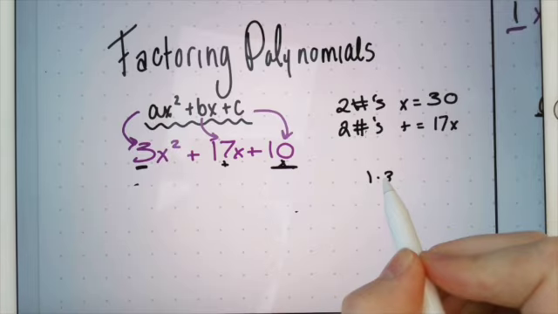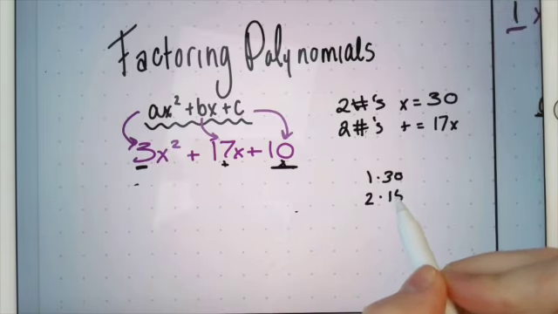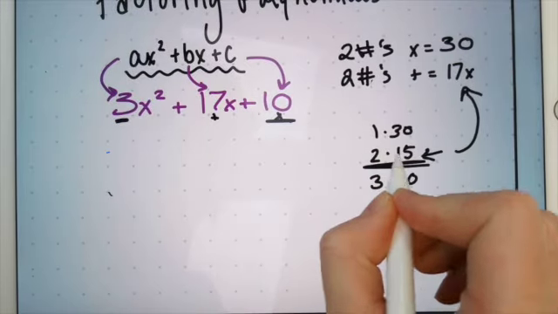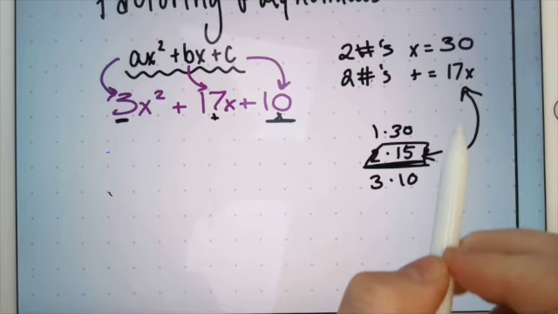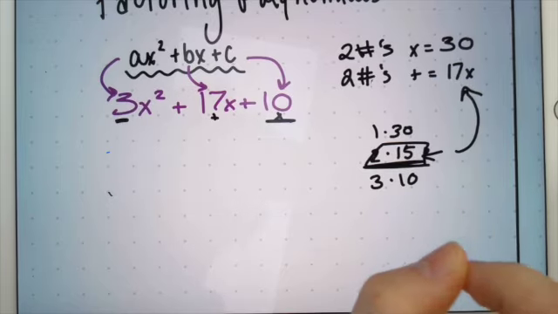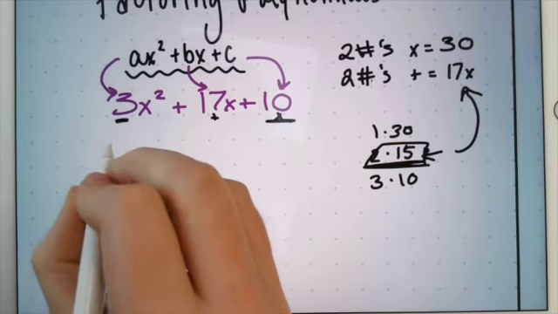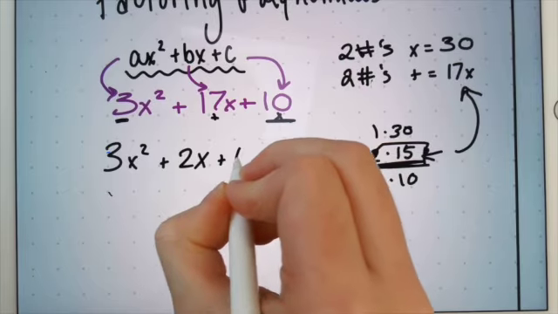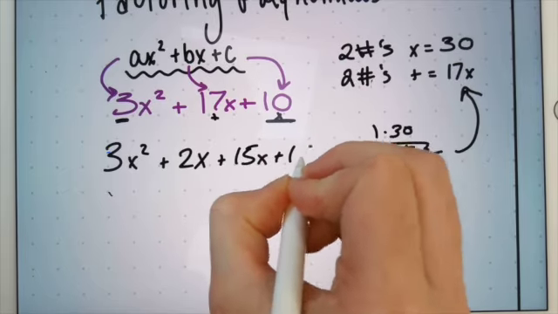I've got 1 and 30, 2 and 15, 3 and 10. Once I have these two numbers, 2 and 15, and I know that those make my values work, what I'm going to do is add those together. So it'd be 3x squared plus 2x plus 15x plus 10.